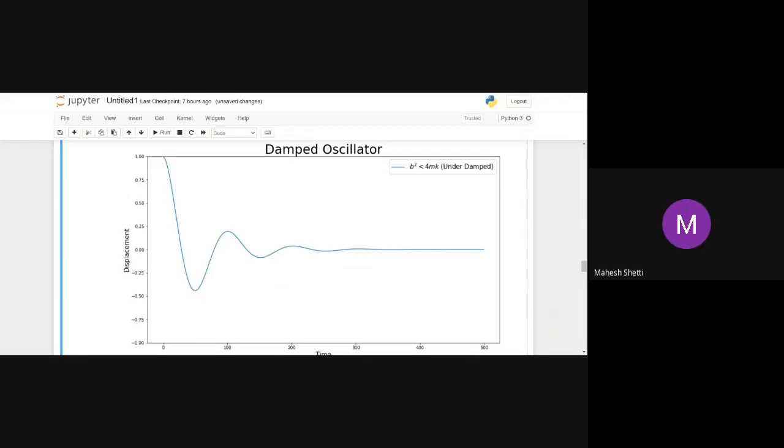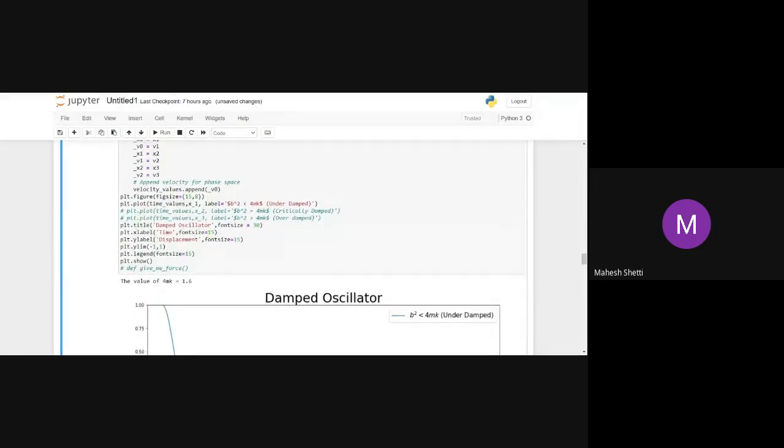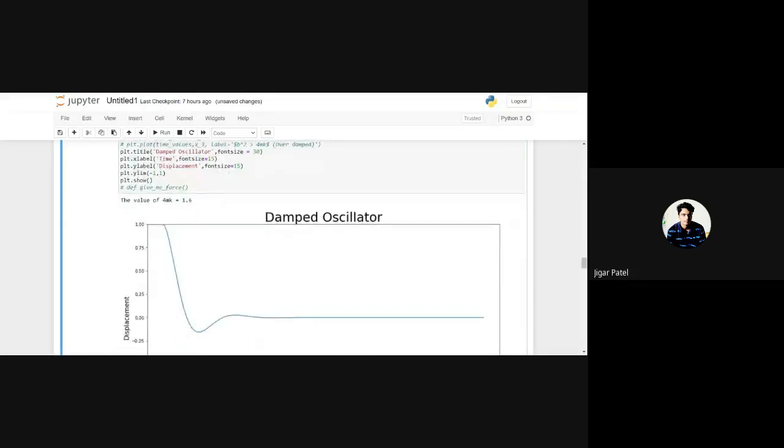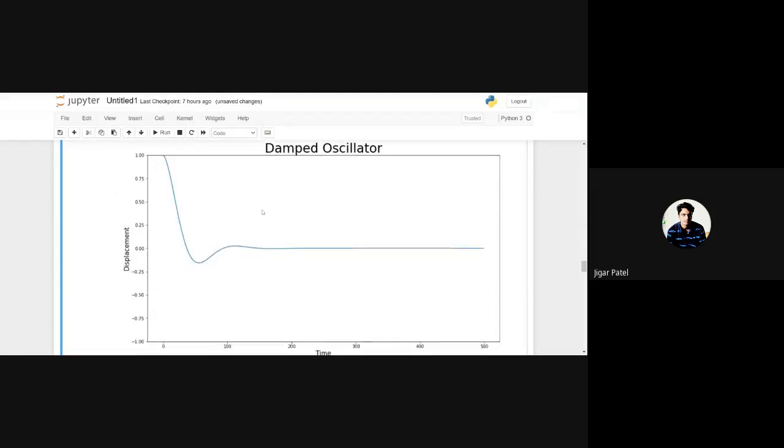So this is underdamped. Okay. Now you increase the value of B, and let us see what happens. No, don't put that label at all. Increase the value of B to 0.4 from 0.1.